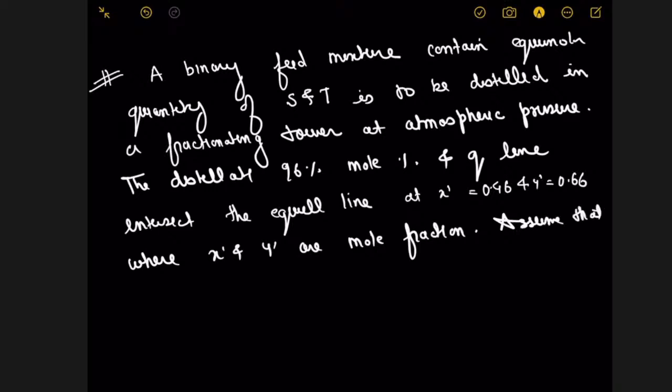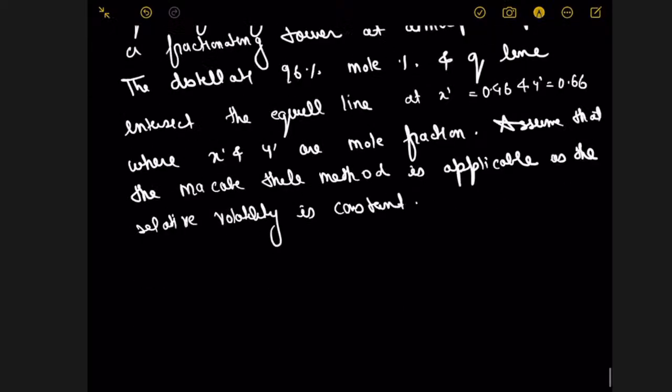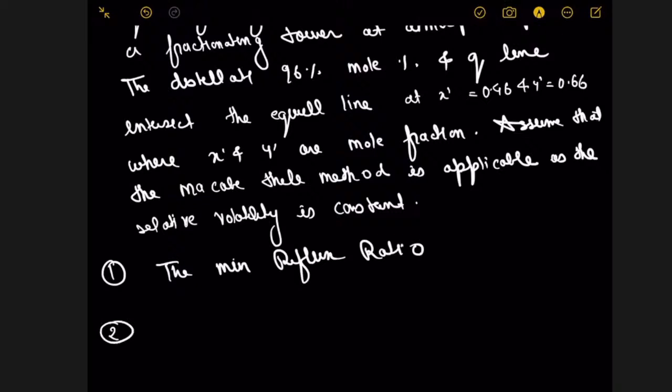Assume that the McCabe-Thiele method is applicable as the relative volatility is constant. So you have to calculate the minimum reflux ratio, and you have to find out the condition of the feed.